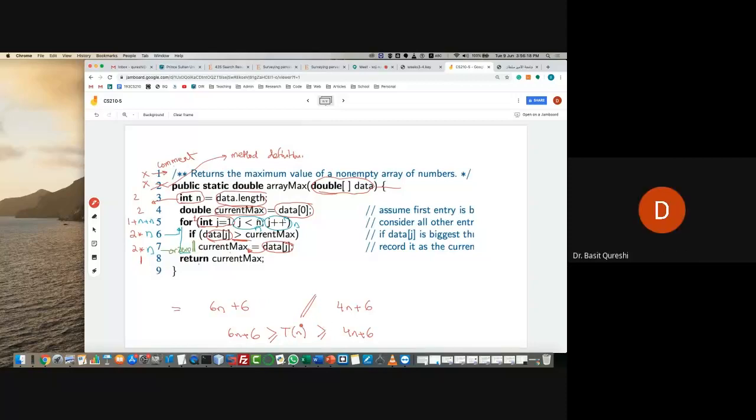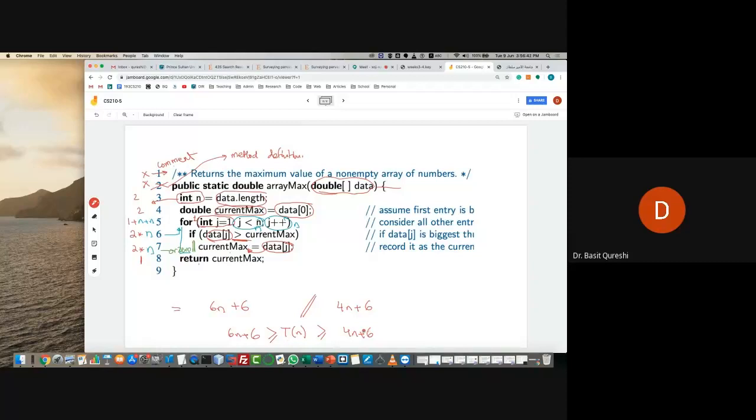So my average time is going to be between this value, 6n plus 6, and 4n plus 6. It cannot be any slower than this one, cannot be any faster than this one. Does it make sense now? Yes. Okay, so this is my equation.